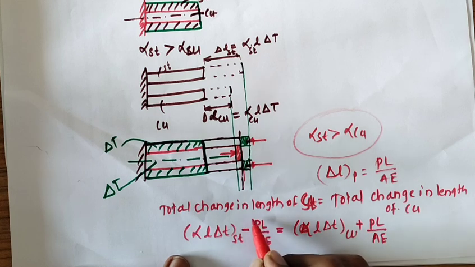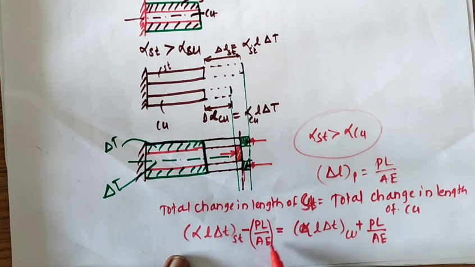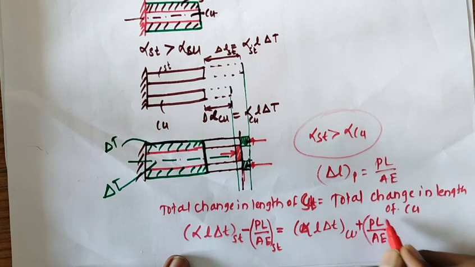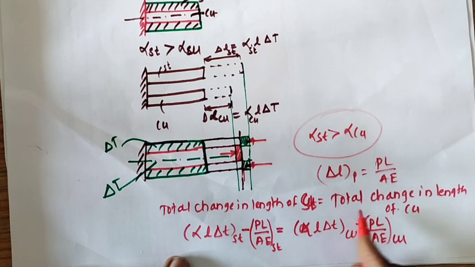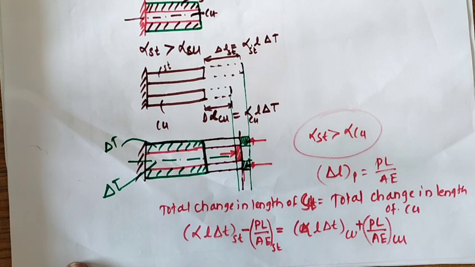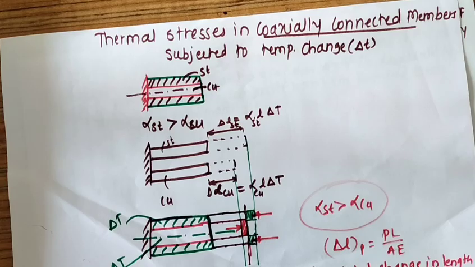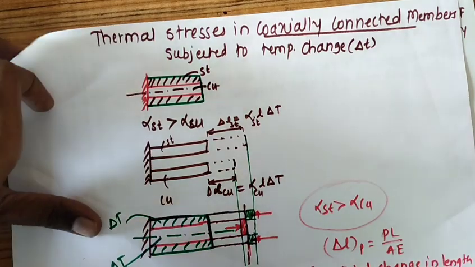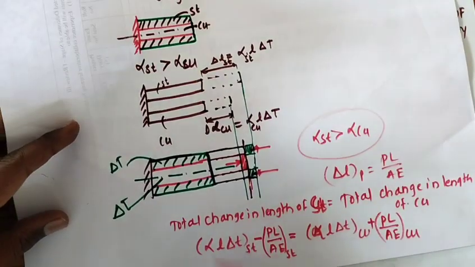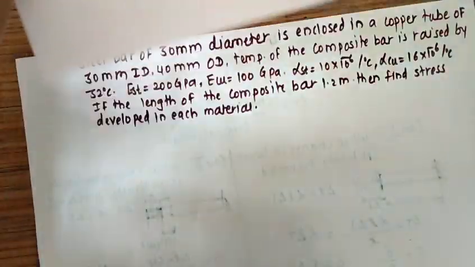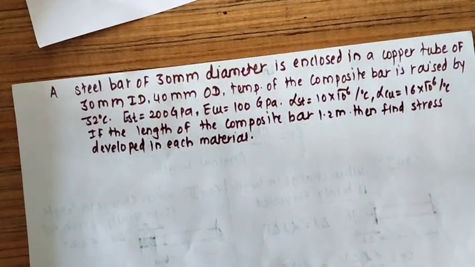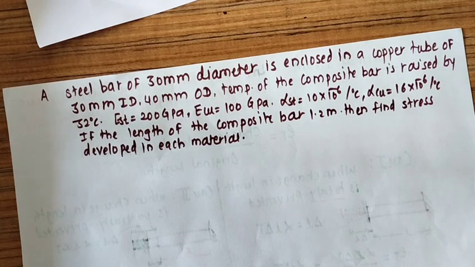Remember, of course, this PL upon AE is for steel, and this is for copper. Now by using this formula, we can solve numericals on this concept. To solve the numerical, we will use this formula. Let's solve it first. This is a numerical based on the same concept.